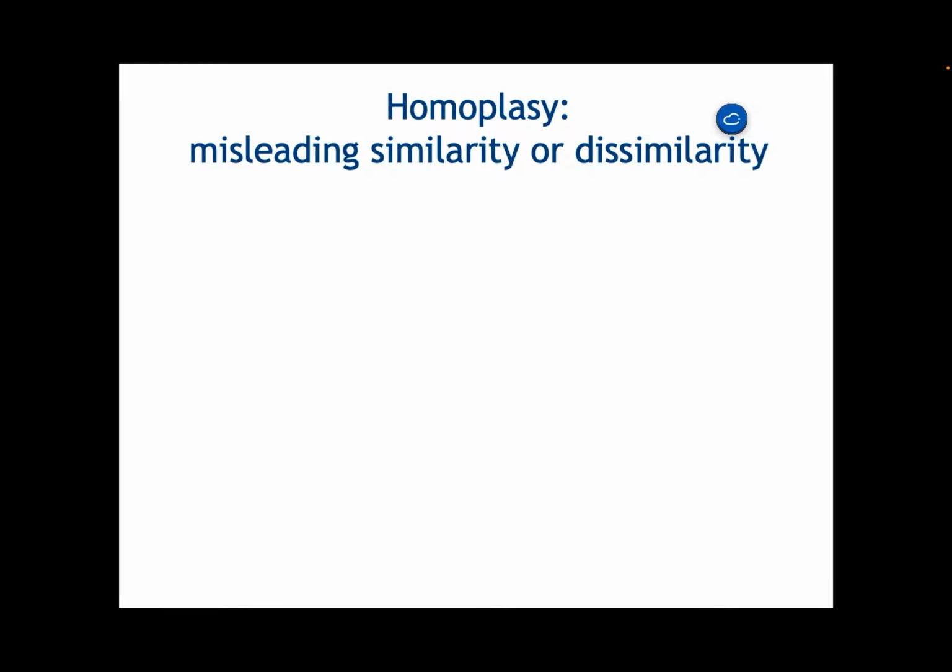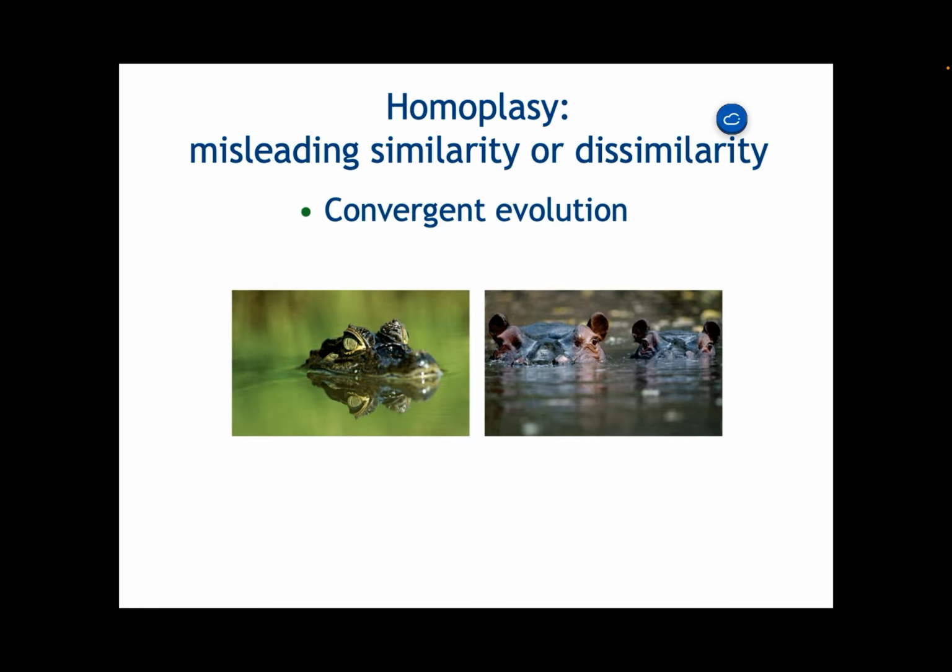So we're most familiar, I think, with the idea of convergent evolution. So here's another case of convergent evolution. Hippopotami are mammals and crocodiles are reptiles. Well, reptiles aren't a thing, but hippopotami and crocodiles are very distantly related to each other, but they have some important morphological similarities, including the placement of the eyes very high up on their head.